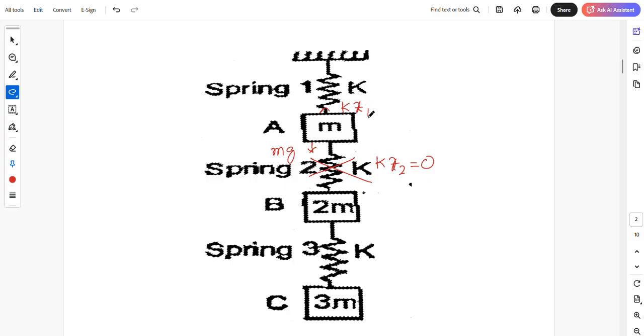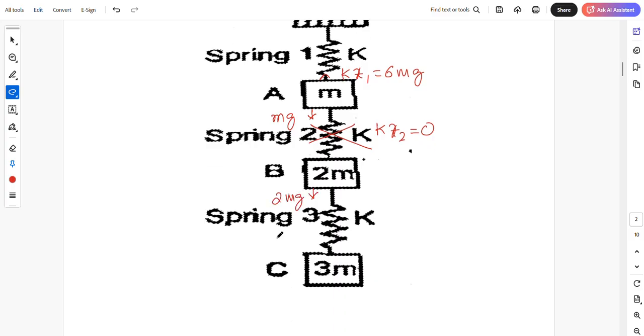Just now we saw kx1 was 6mg. Now there is no effect on the spring force. This will be 2mg as it is, weight will be as it is. How much was kx3? Kx3 was 3mg itself.